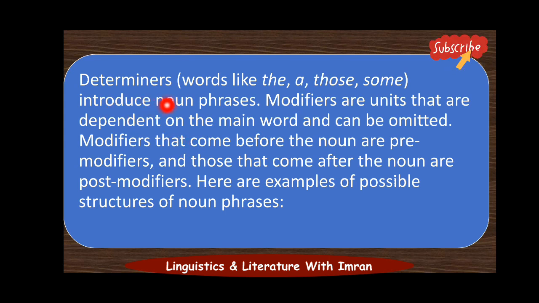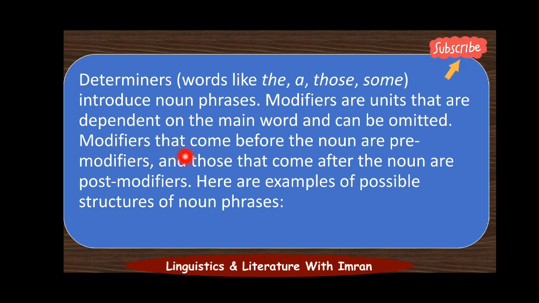Now, determiners, words like the, a, those, some, introduce a noun phrase. Modifiers are units that are dependent on the main word and can be omitted. So you can omit determiners and you can omit modifiers, but you cannot omit the noun from a noun phrase.